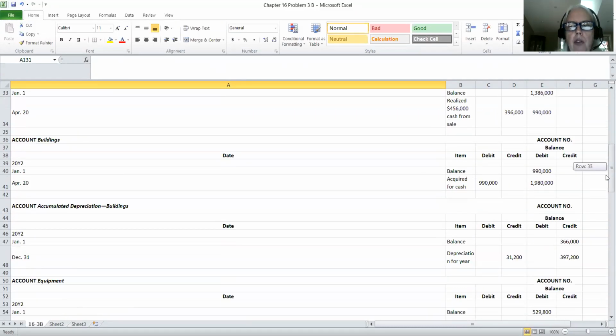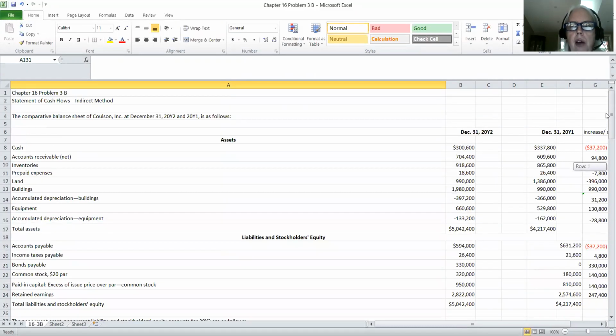The first step that you will do when you're trying to solve this problem is, like we did with the other problems, you'll want to compare what is current with what happened last year. We'll want to find either an increase or decrease in each one of your balance sheet accounts.